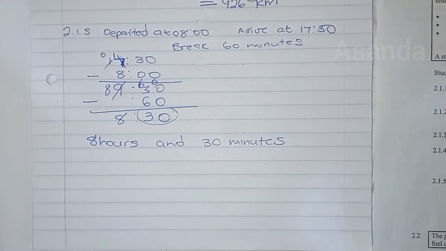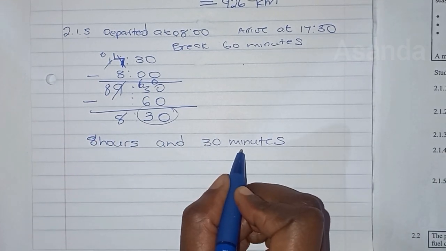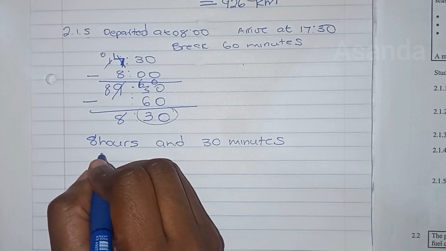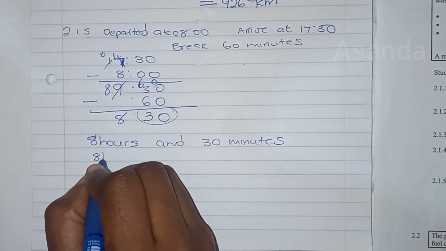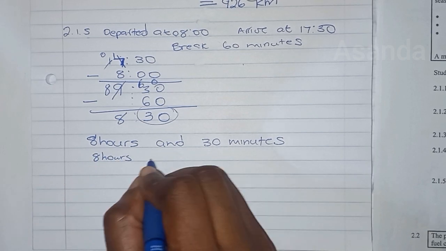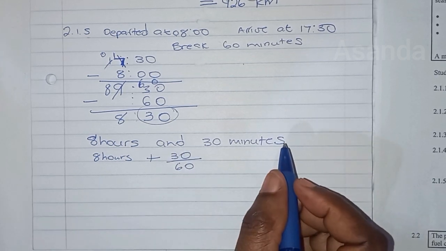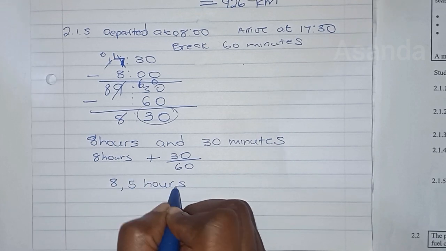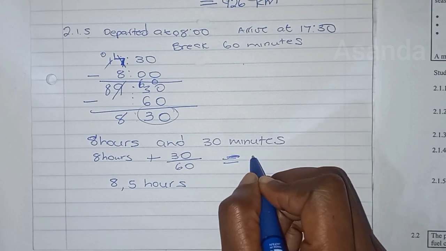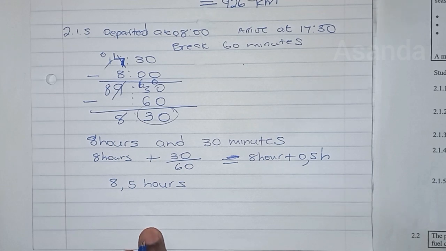So let's convert 8 hours and 30 minutes. 30 divided by 60 is 0.5. So this is going to be 8.5 hours. 8 hours plus 0.5, and then you get 8.5 hours, right?